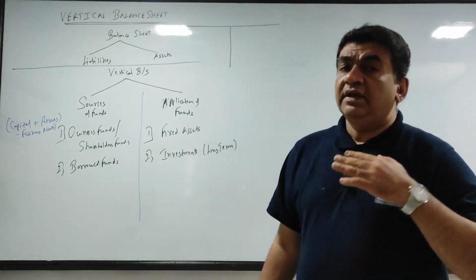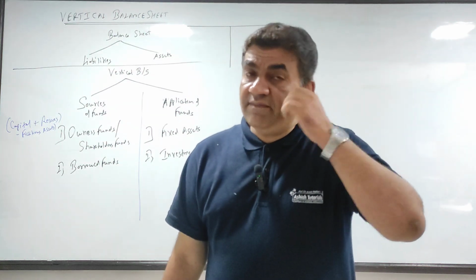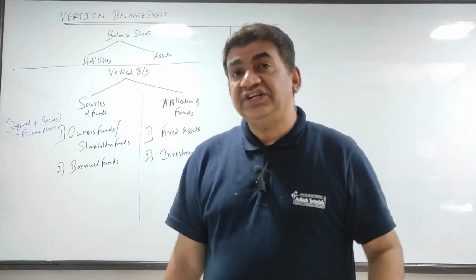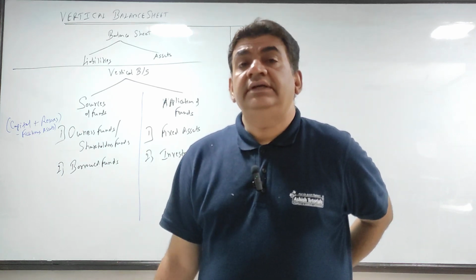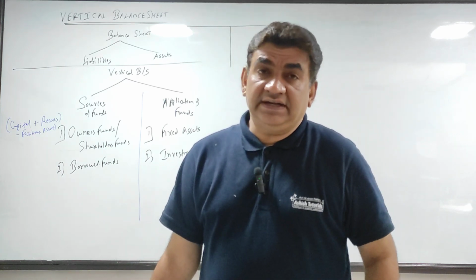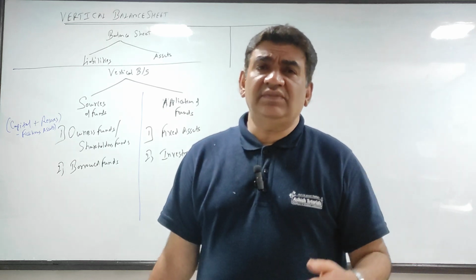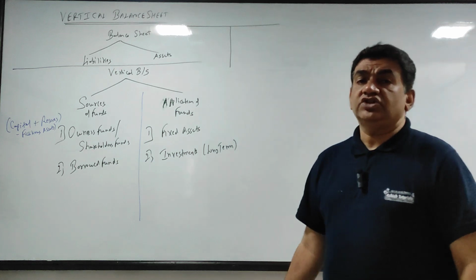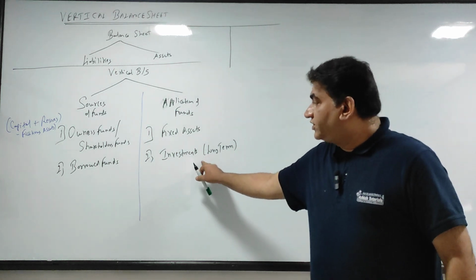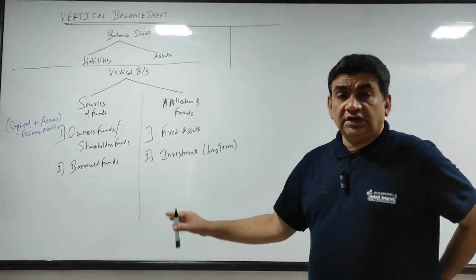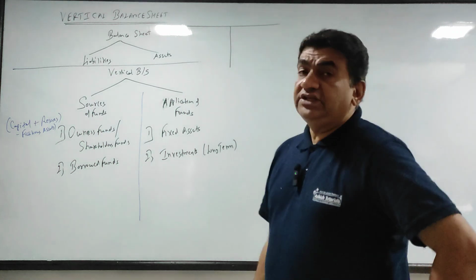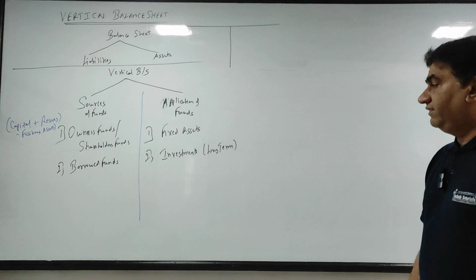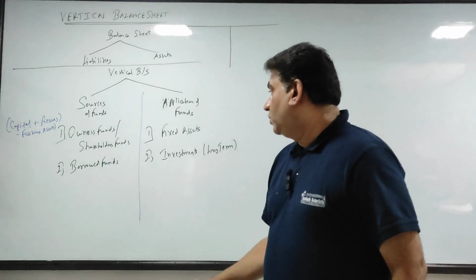Long term means today I invested, and I will keep it with me for at least 1 year. I will encash it after 1 year, that is long term. And suppose today I make an investment where I sell it in 1 month, 2 months, 3 months, 4 months, 5 months, before 1 year, then it becomes current investment or short term. So in this main head, investment, only long term comes, where the intention is to sell after 1 year.